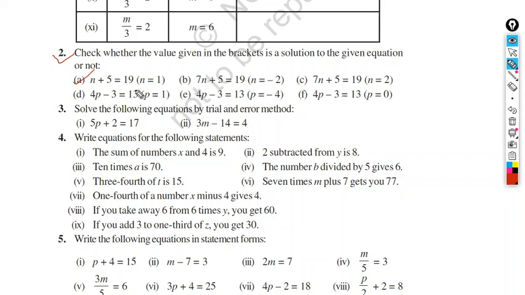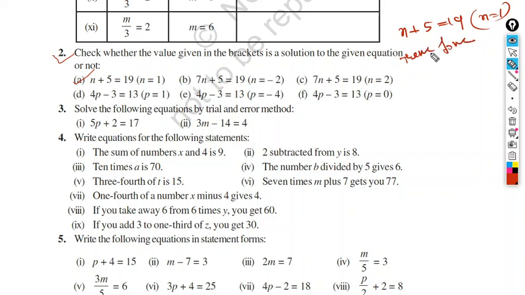Suppose we will discuss n plus 5 equal to 19. In brackets, it is given that n equal to 1.